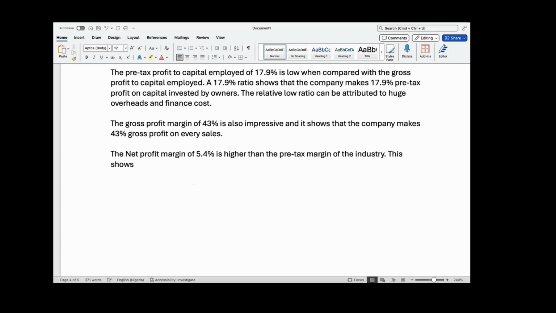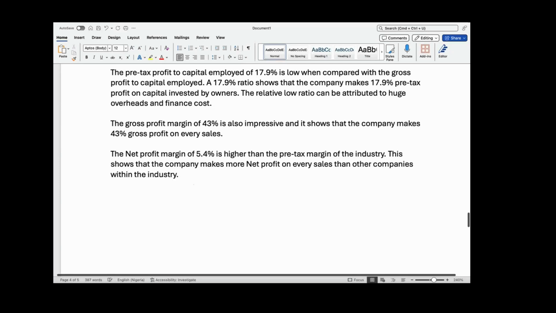This shows that the company makes more net profits on every sales than other companies within the industry.